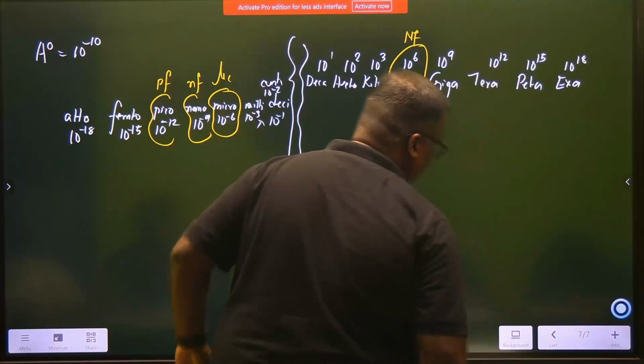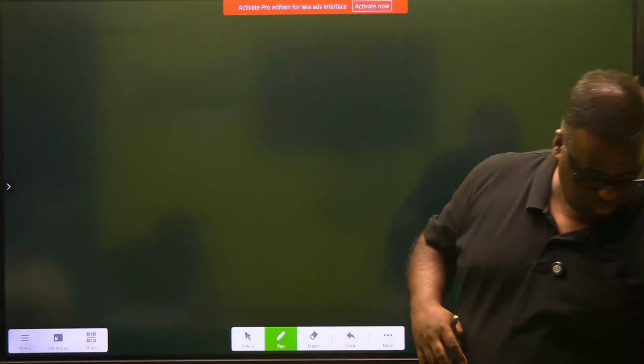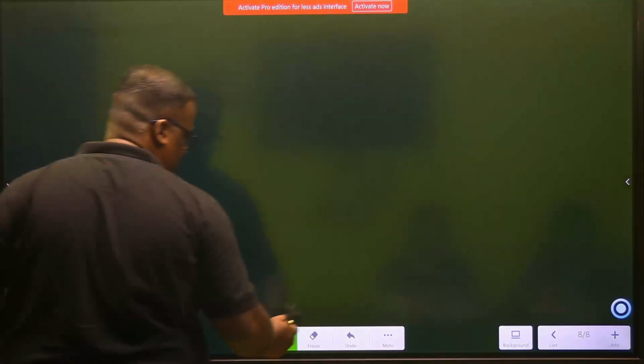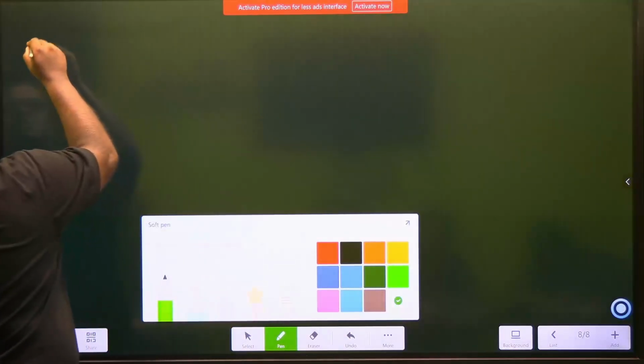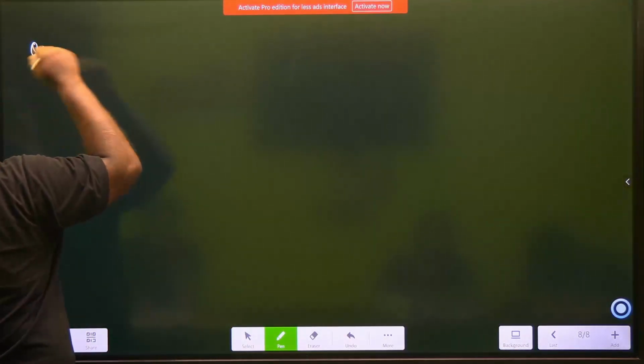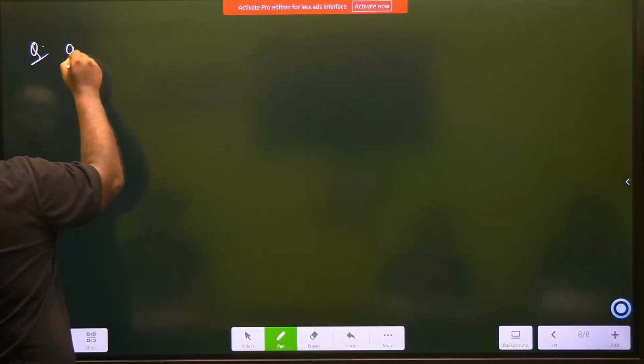Let's go. Okay, our next question. So we have got 2 point charges now. CBSE will not give you a question which will have difficult calculation. We have got 2 point charges.